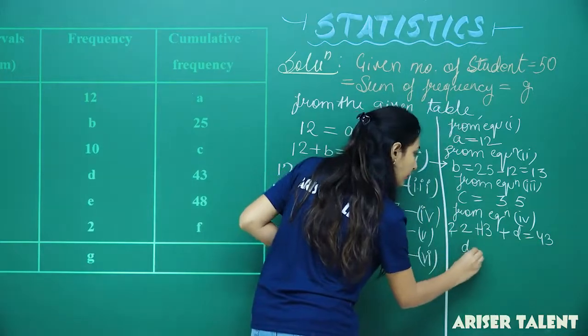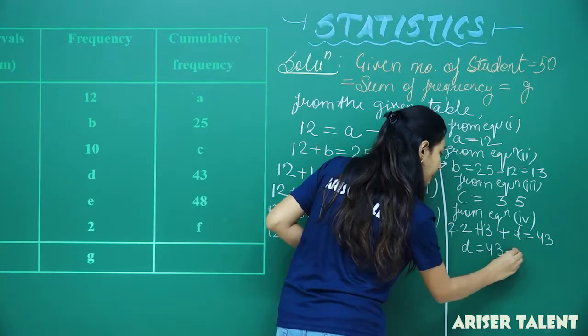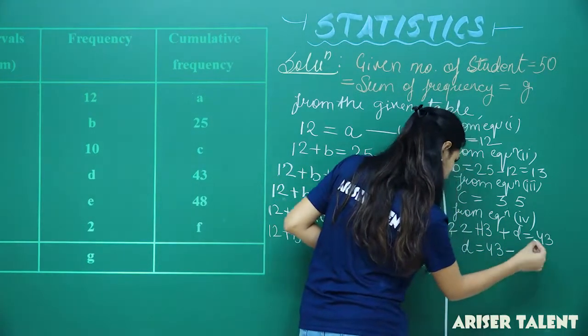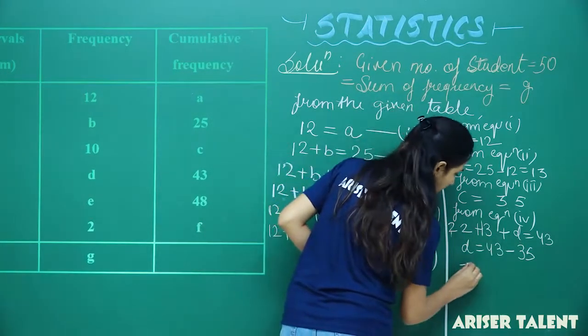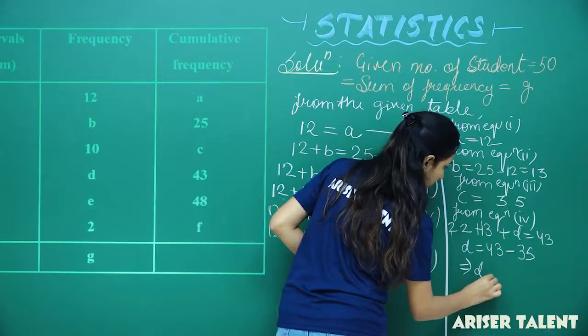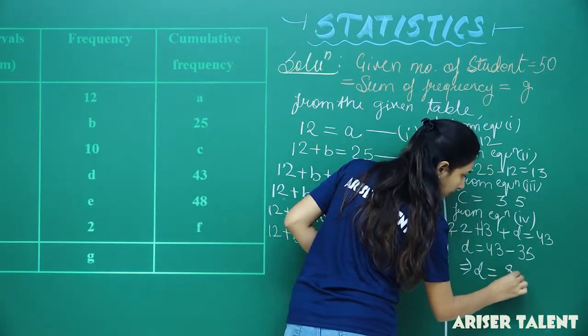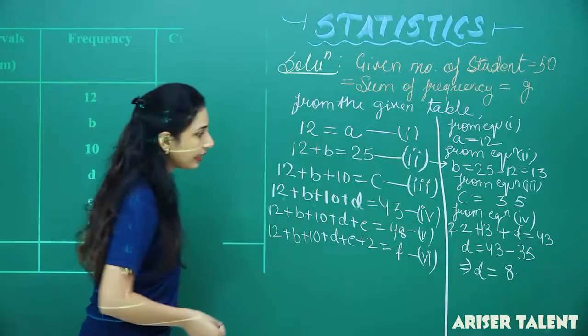So, the value of D will be equals to 43 minus 35. So, this is 8, value of D is 8.